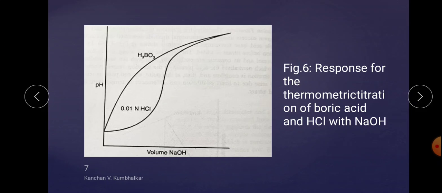For example, temperature control, and if you are using insulation, it is necessary in order to ensure that the temperature of the sample and the titrant are equal before the titration, and it is possible to set this temperature constant to within 0.001 degree Celsius.